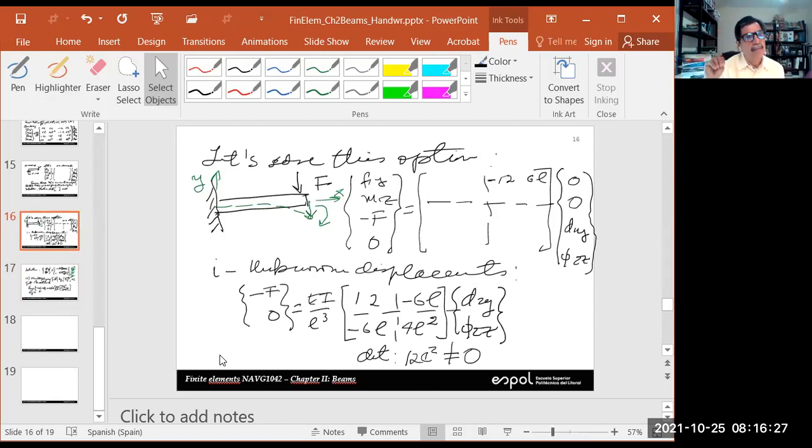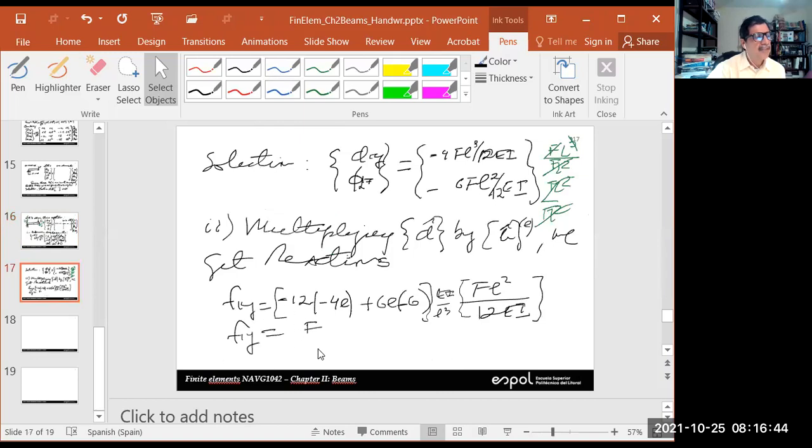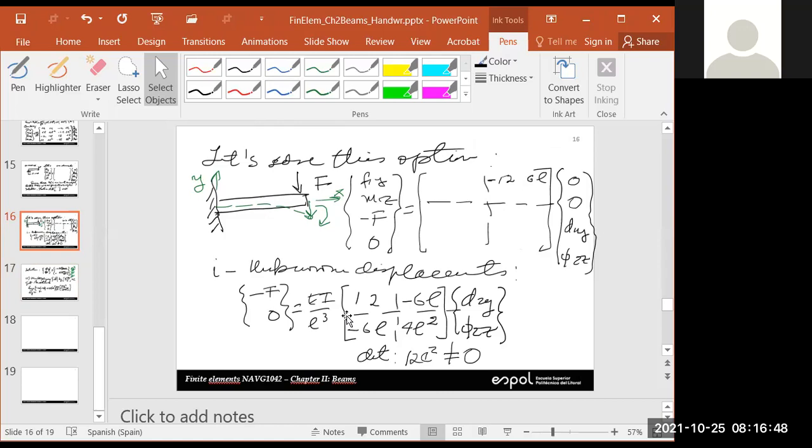Miss Lopez, go on. The determinant is, or the matrix is... No. I'm saying is that if this result makes sense or not, that's what I'm asking. Yes. Why? But the force is negative. I know.